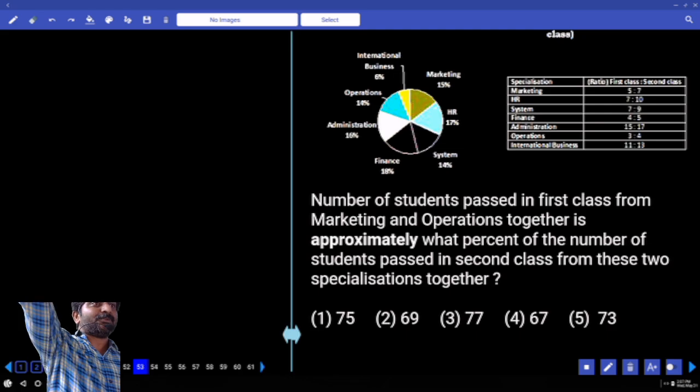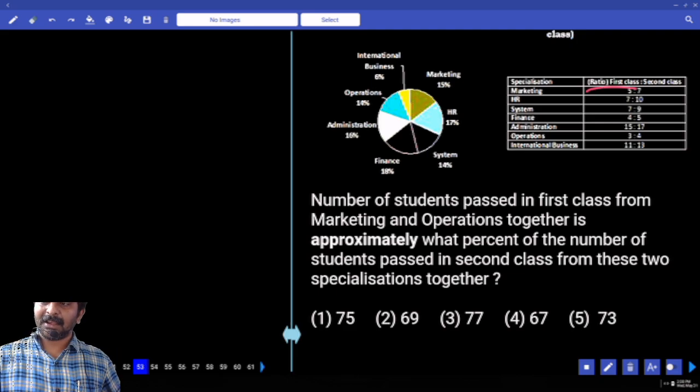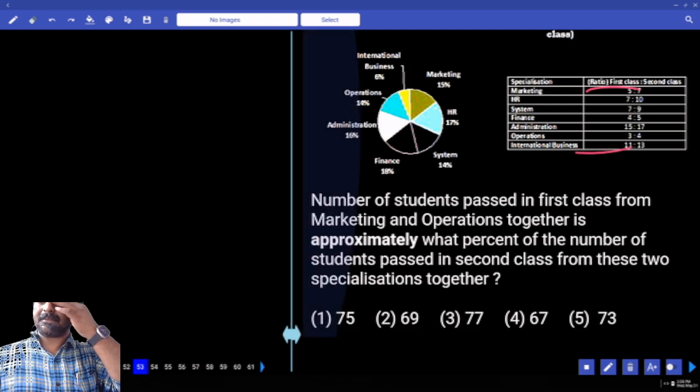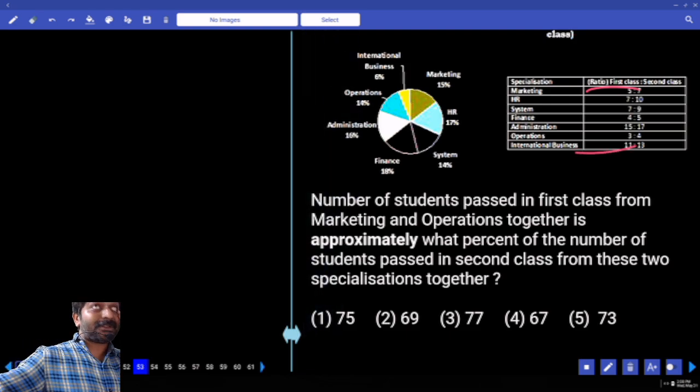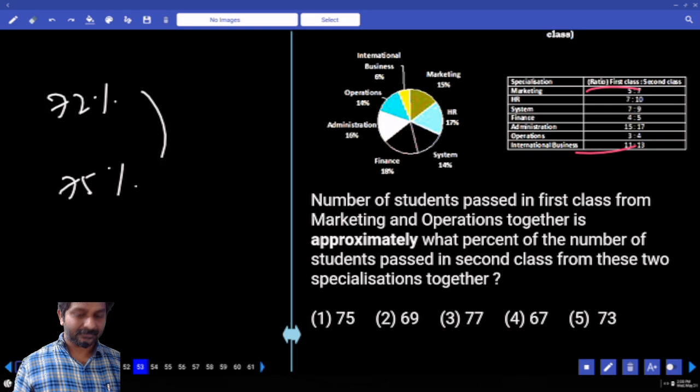So if one number is more, the other number is less, you cannot do it. Understood? So here marketing first class people are less than second one. Here also in operations, first class people are less than the second. So in both cases it is less. So I am taking what percent they are. First case 72%, the other case 75%. Overall it will be between these two.